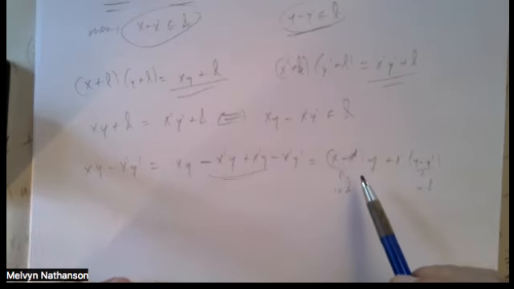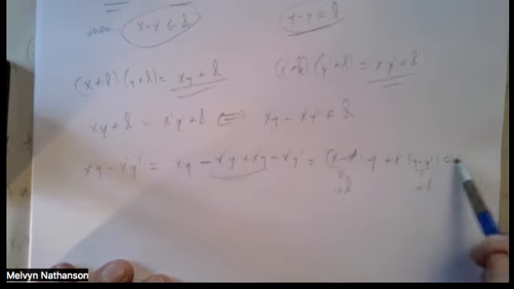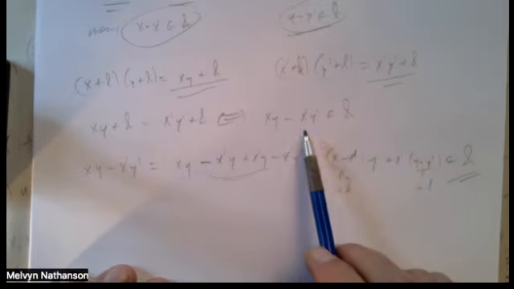But in an ideal, if you take any element of the ideal and multiply it on the left or the right by any element of the ring, you get something that's still inside the ideal. So this is a sum of two elements in the ideal, so this is in the ideal. Which means this multiplication of cosets is well defined.